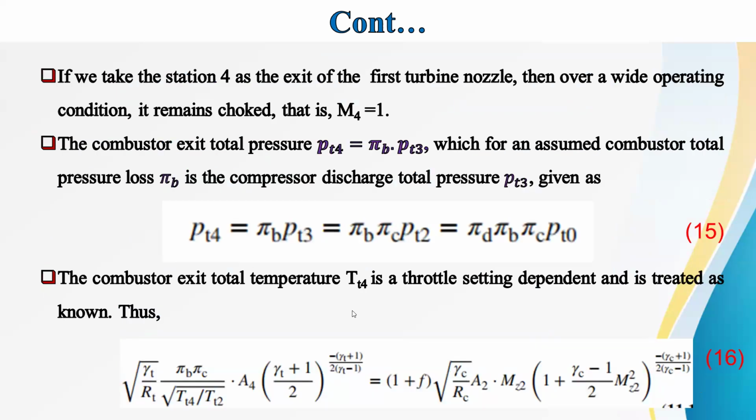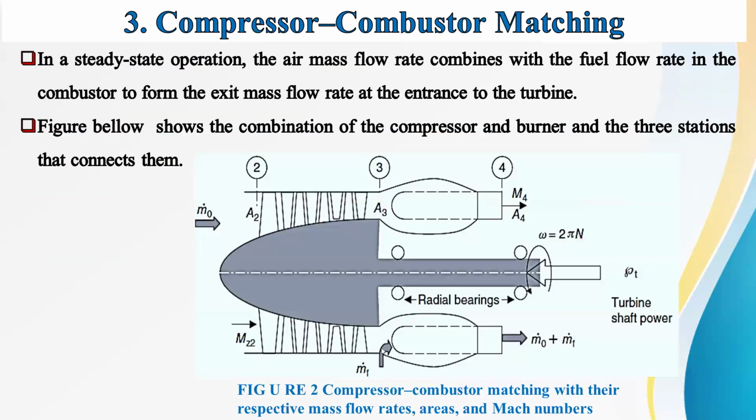If we take station 4 as the exit of the first turbine nozzle, then over a wide operating condition it remains choked. That means M4 is equal to 1. Choked condition means that is the throat condition, so Mach is equal to 1. And the combustor exit total pressure, PT4, is equal to the pressure recovery times PT3. PT3 is the pressure total at station 3, which means the combustor inlet condition.